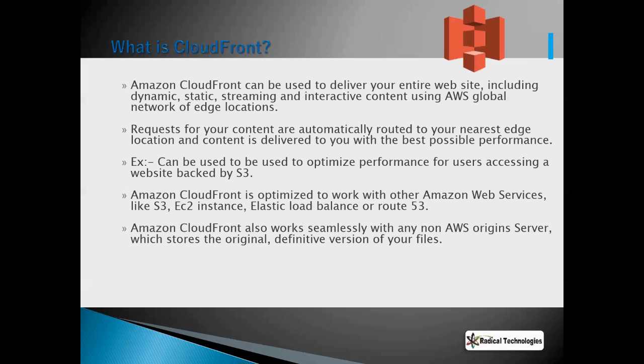You may be hosting your website on your local server, and you can still cache your data in the cloud using CloudFront. Is it clear? That is what we mean by non-AWS origin server. Your website might be hosted on your local server, and if you want to cache the data into an edge location, you can use CloudFront for that.